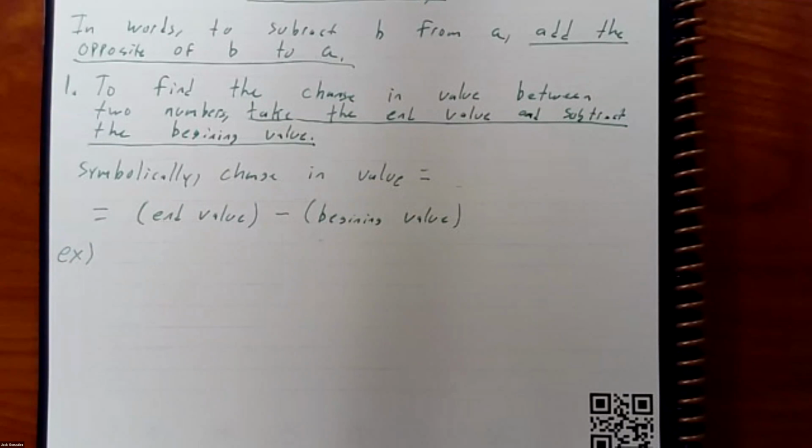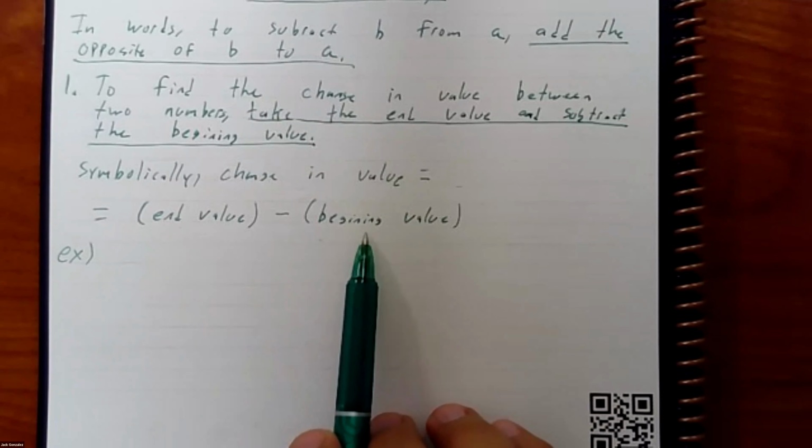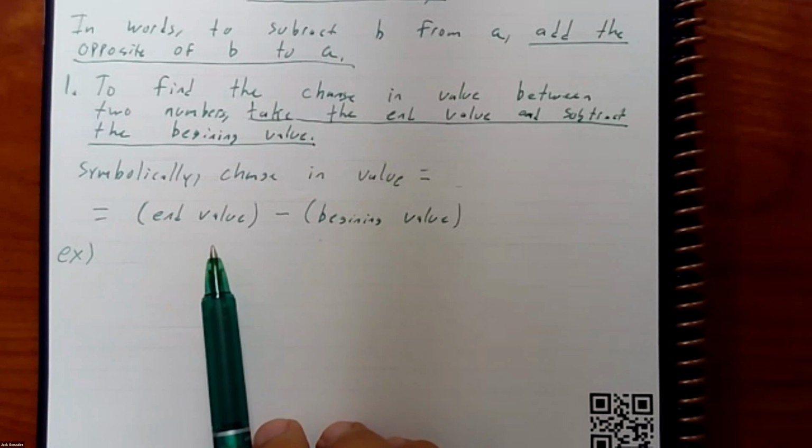It depends on how we want to think about it, but the number's right. So it says the end value minus the beginning value. So what was the end value for that example?